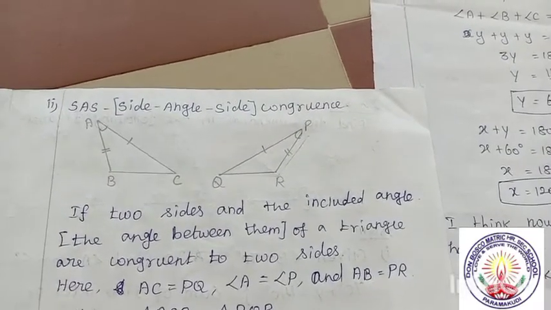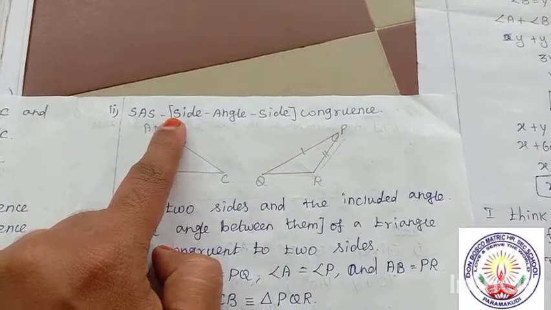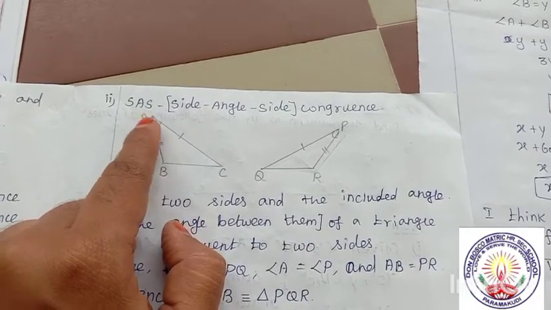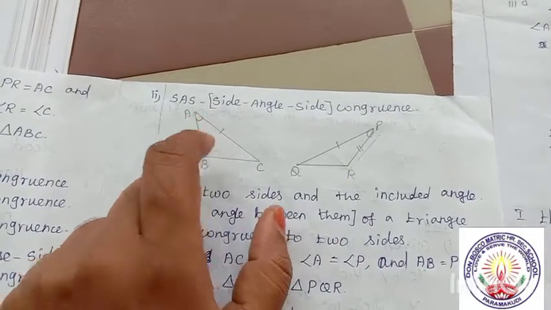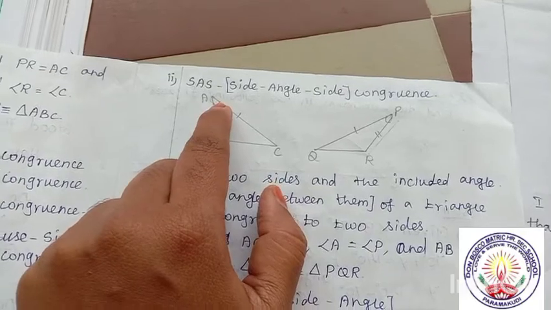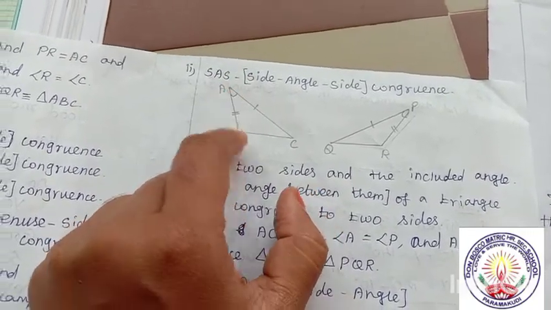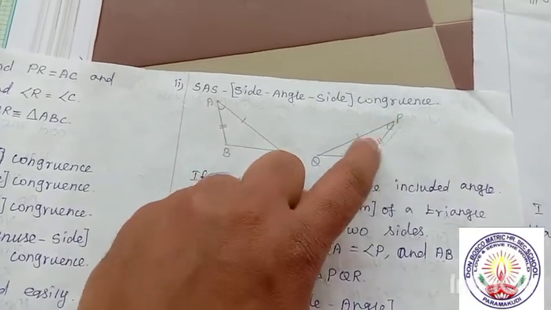Next, the second one, side, angle, side congruence. Next you draw any two triangles ABC, PQR. Two sides and one angle: side, angle, side. Okay, next, side, angle, side.